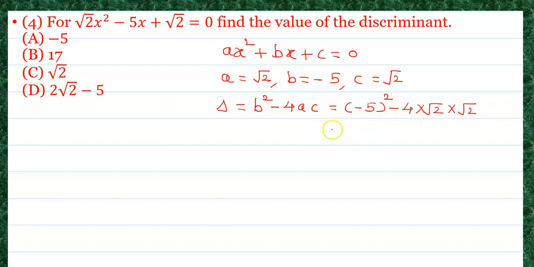Root 2 into root 2 is 2, and minus 5 square is 25. Here root 2 into root 2 is 2, 2 into 4 is 8, and therefore 25 minus 8, you will get 17, and hence option B is the correct one. We'll see the next question.